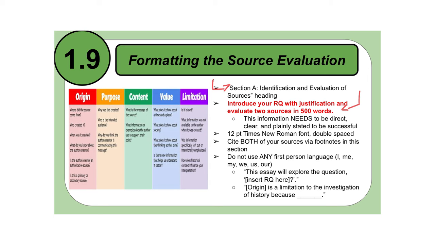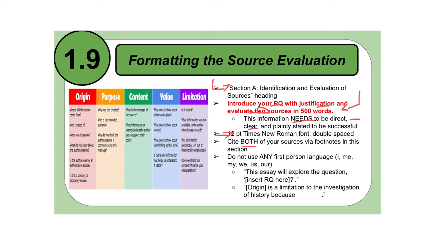This information needs to be direct, clear, and plainly stated to be successful. You really do need to be direct, because you only have 500 words to get all of that information: the research question, justification, and then the OPCVL of two sources. Always remember that, just as with part B, you use 12 point Times New Roman font and double spacing.